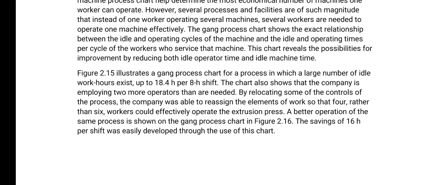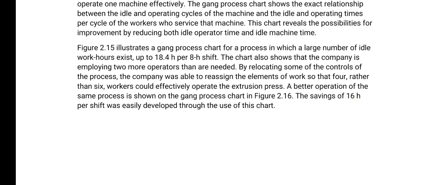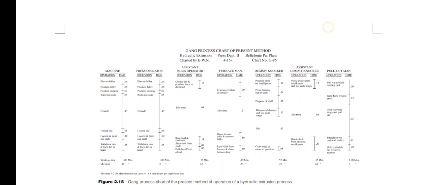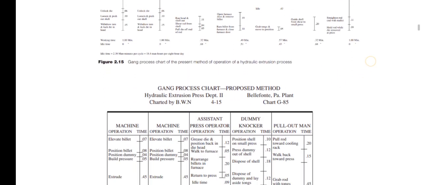A better operation of the same process is shown in the gang process chart in picture 2.16, and saving 16 hours per shift was easily developed through the use of this chart. This is chart 2.15 and 2.16.